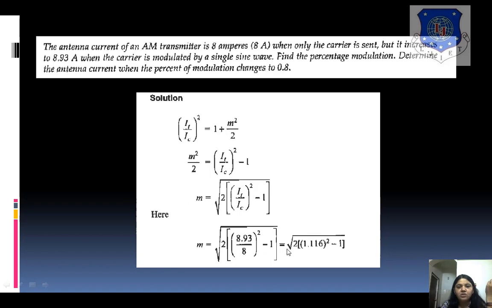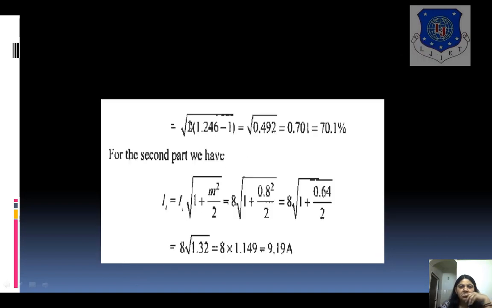So it is equal to the square root of 2 times, in bracket, 1.116 whole square minus 1. So it is equal to the square root of 2 times, in bracket, 1.246 minus 1, which is the square root of 0.492, equal to 0.701. So this is 70.1%.